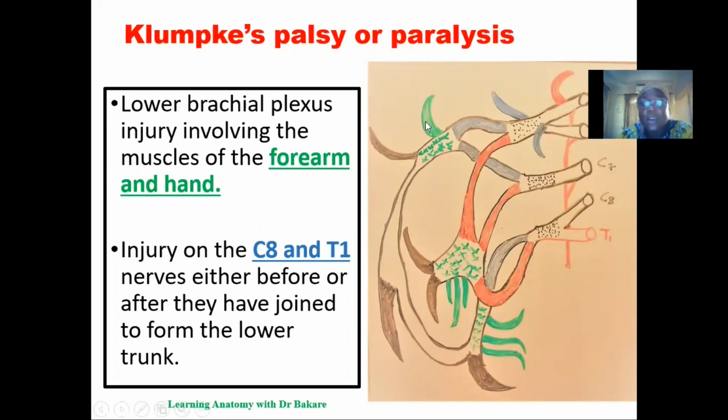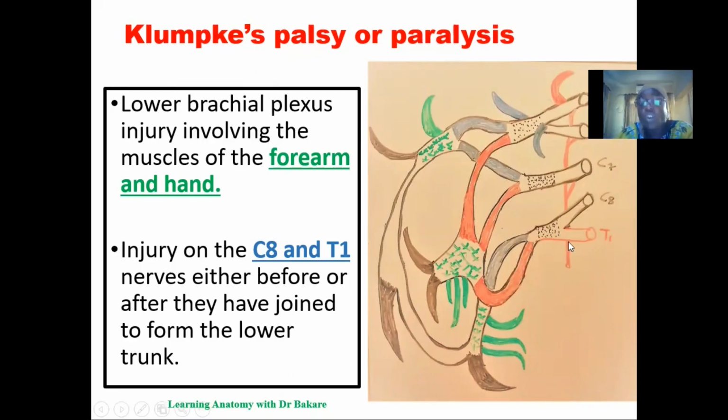Klumpke palsy or paralysis is an injury to the lower region of the brachial plexus, and it involves the paralysis of the forearm and also the hand, because the branches that emerge from this region supply the forearm and the hand region. So any injury to this region will affect the functions of these muscles.